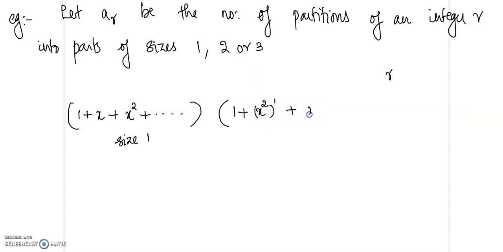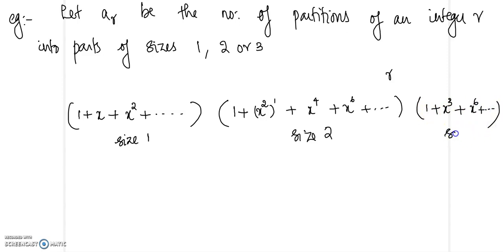If 2 appears twice, x squared whole squared will come, so that will be x raised to 4. If 2 appears thrice, you will have x raised to 6, and so on. So this term represents the parts of size 2, and for 3 we take the powers of x cubed. So that will be 1 plus x cubed if it appears once, then twice x raised to 6, then x raised to 9, and so on. So this is for parts of size 3.